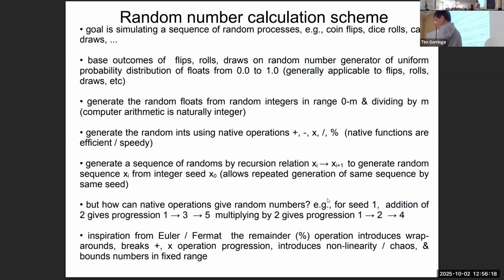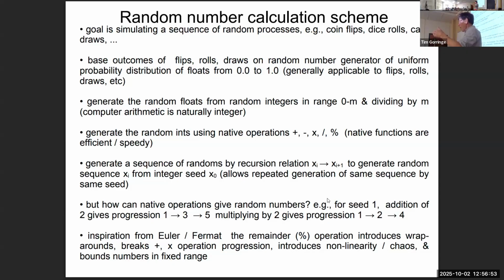This was recognized hundreds of years before computers generated random numbers, that with arithmetic, you could generate a sequence of seemingly random or seemingly chaotic numbers by what's called modular arithmetic. I'll talk a little bit more about modular arithmetic, but it basically calculates the remainder from division by a number.